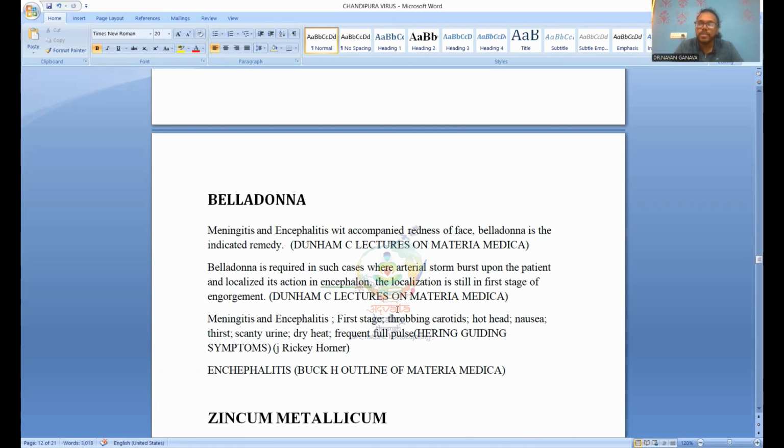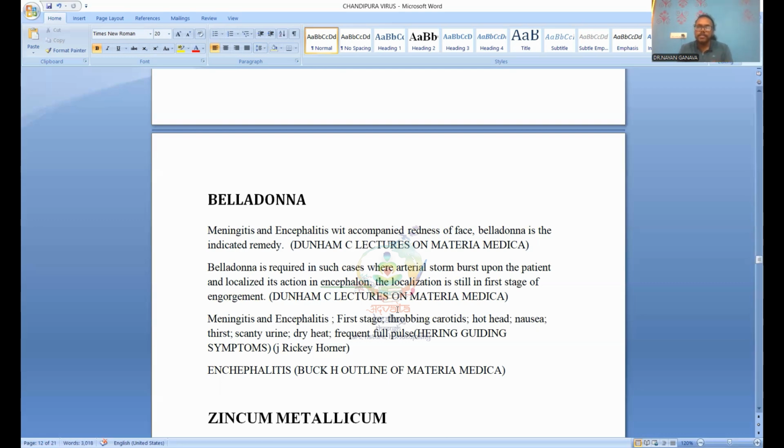The localization is still in the first stage of engorgement. So when effusion has just started, that is the indication of Belladonna. Meningitis and encephalitis, first stage: throbbing carotids, hot head, nausea, thirst, scanty urine, dry heat, and frequent full pulse. According to Hering's Guiding Symptoms, these are the symptoms that should be there to prescribe Belladonna.